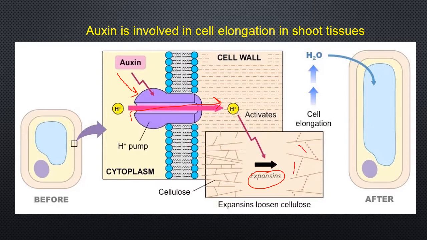That allows the cell wall to stretch, so that when more water comes into the cell, those cell walls stretch and we have a longer cell than we started out with over here. So that is how auxin is involved in cell elongation, only within shoot tissues though.